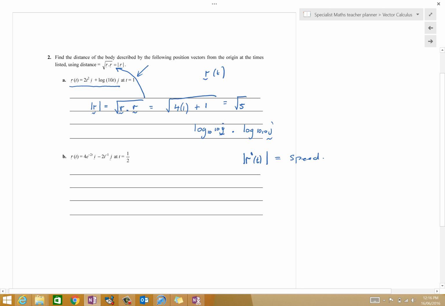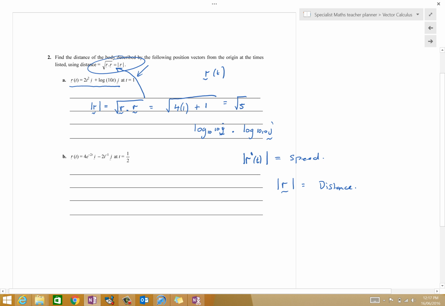So all this was basically saying is that the distance is equal to the magnitude of r. That's all that was saying.